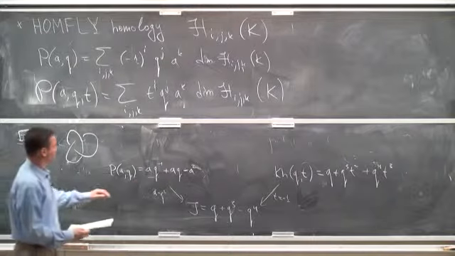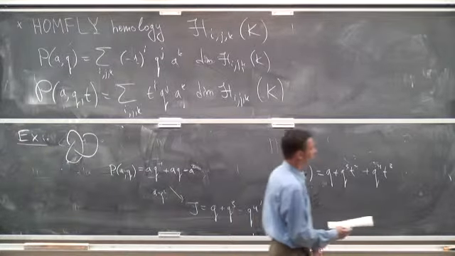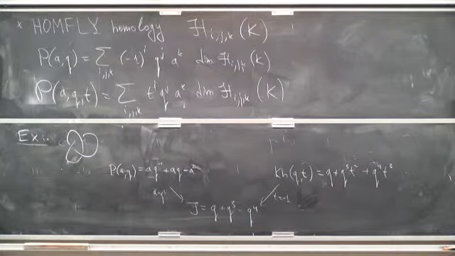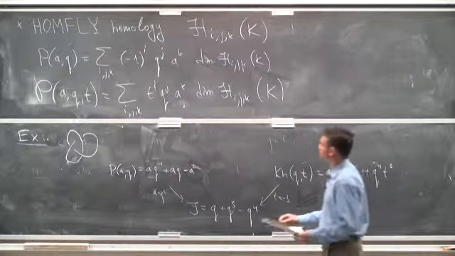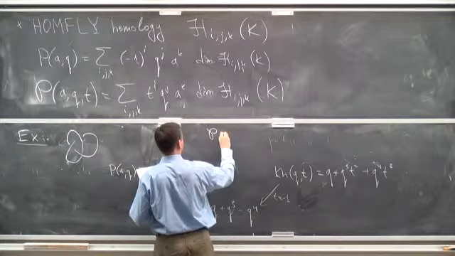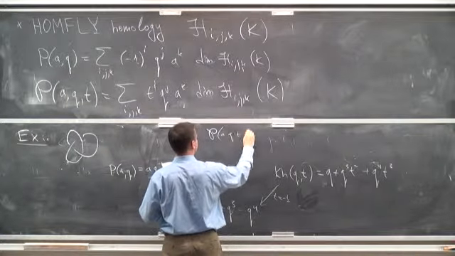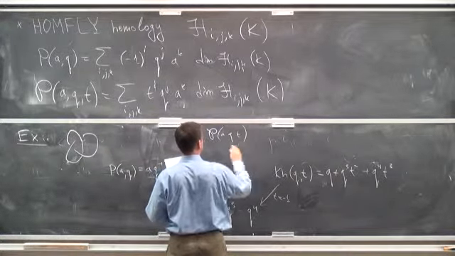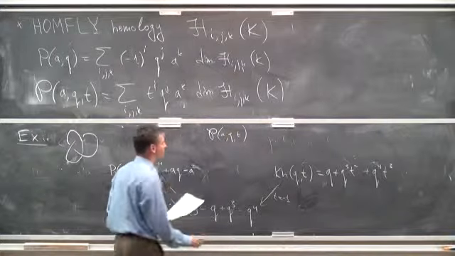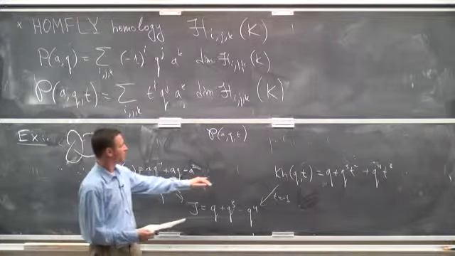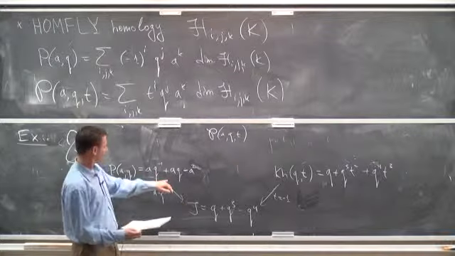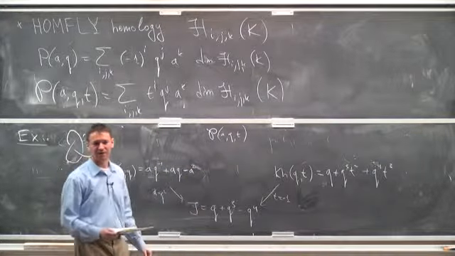And then you see something pretty obvious, that if you're trying to invent an invariant, the script P, which depends on 3 variables, A, Q, and T, there is almost no choice but to say that it should have 3 terms, because all of these specializations have exactly 3 terms.